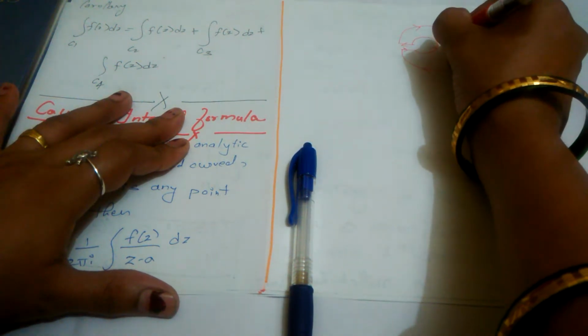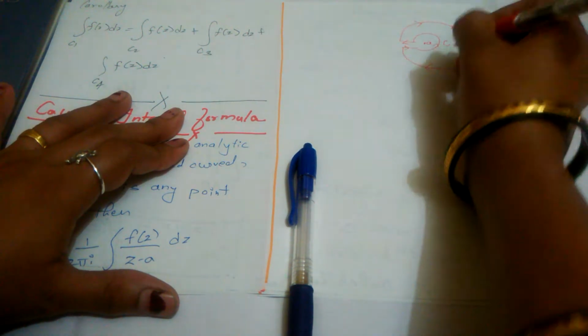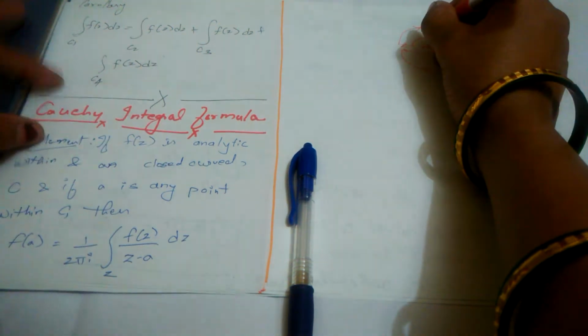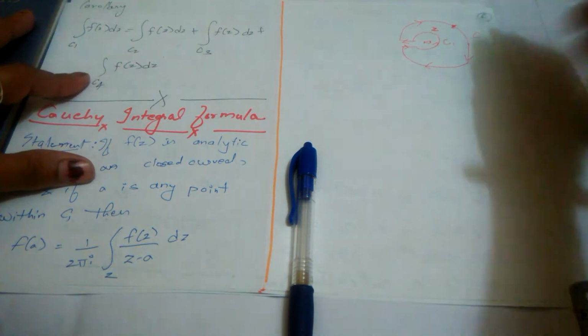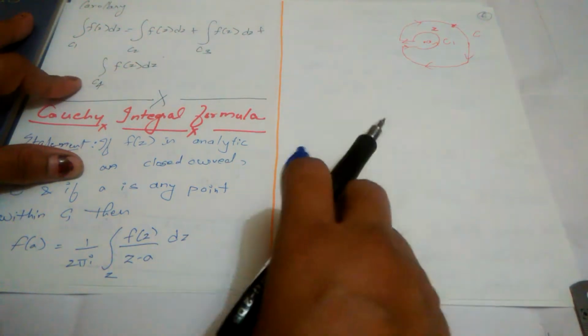Then C1 is another circle, and let A be the center of these curves, and this region we denote as Z.